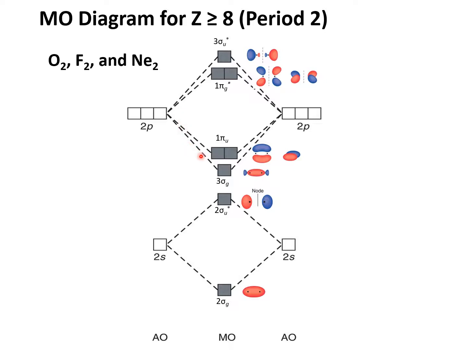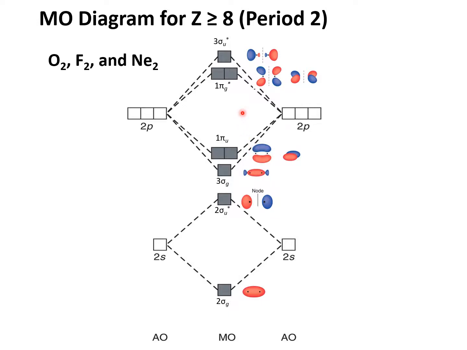Next lowest in energy, we have the bonding molecular orbital that results from constructive interference by pi overlap of the 2p atomic orbitals, or side-to-side overlap. And this is given the symbol 1 pi u, pi representing pi bonding, and 1 representing the lowest energy pi bonding molecular orbital.